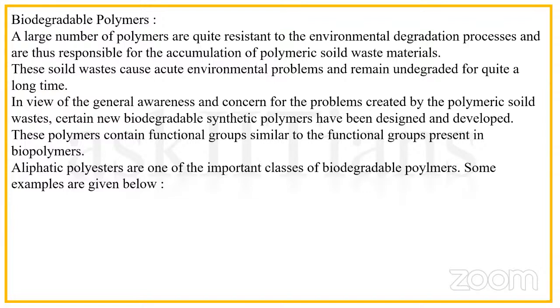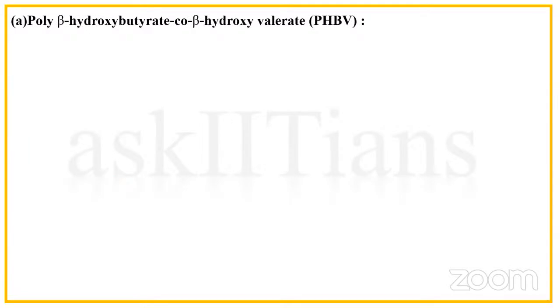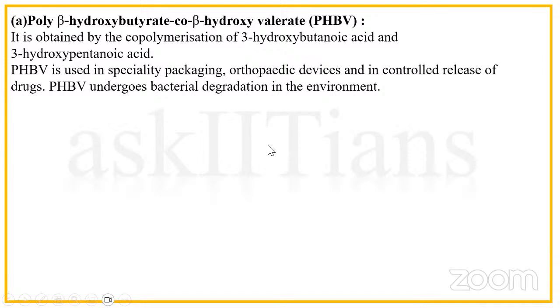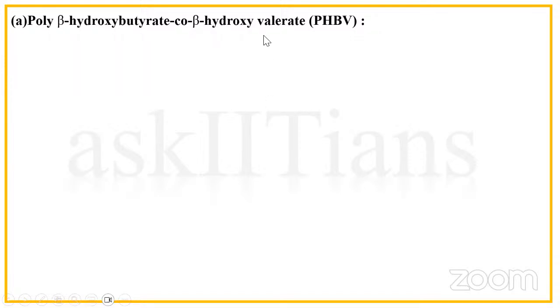So basically among aliphatic polyesters, the example we can discuss here is poly beta hydroxybutyrate-co-beta-hydroxyvalerate, PHBV. This is a polyester which is biodegradable.